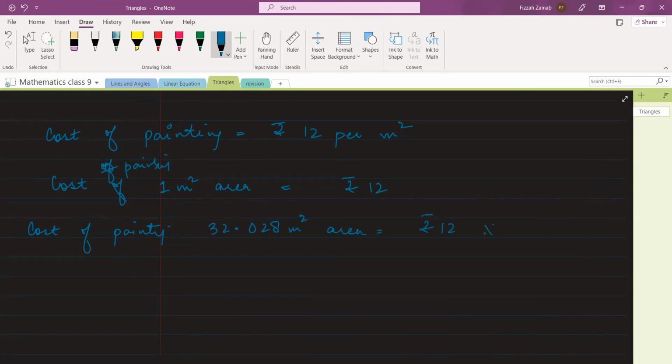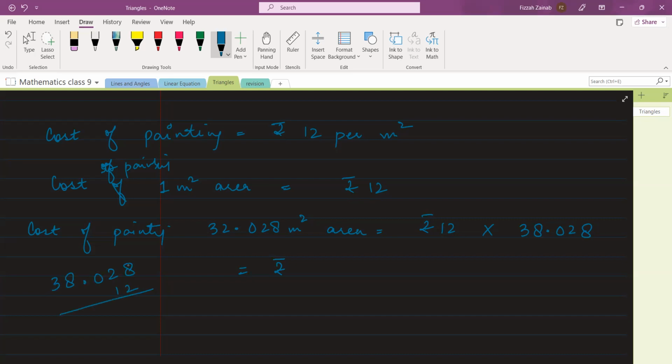So 12 into 38.028. Understand? Now for this multiplication, again, you can remove the decimal or directly also you can multiply. So 38.028, now multiply by 12.